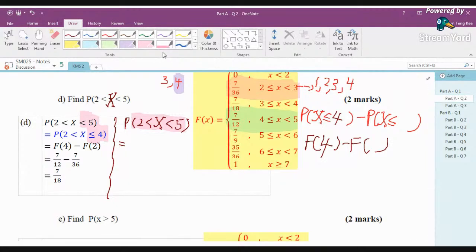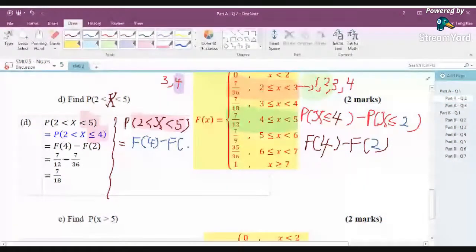But guys and girls, the actual list I want is just 3 and 4. I don't want the rest in front of 3. So I need to exclude this part that I have in green. In order to exclude that, I minus less than or equal to 2. So therefore, it comes with the answer of F(4) minus F(2) as well. And it leads to the same result as the other way.